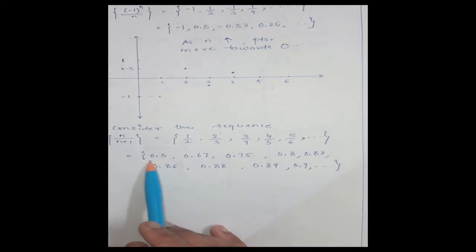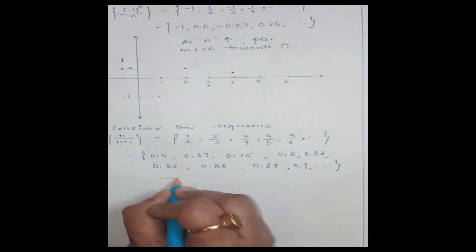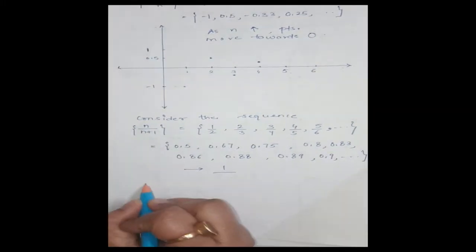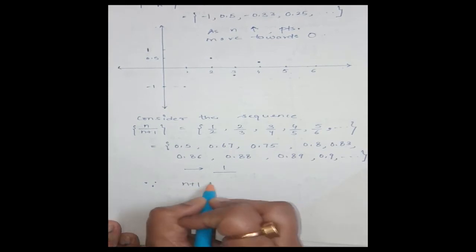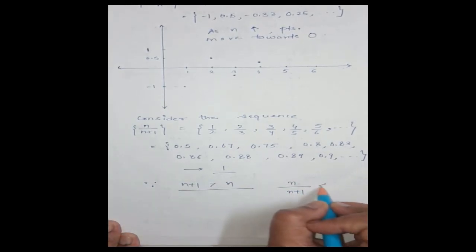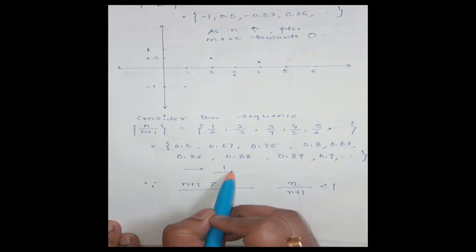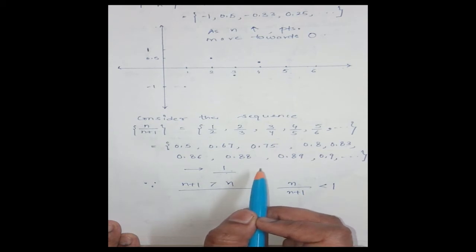As n increases, the points move towards some number, here the number is 1. Since n plus 1 is greater than n, n by n plus 1 will be less than 1. They tend to 1, but never go greater than 1.